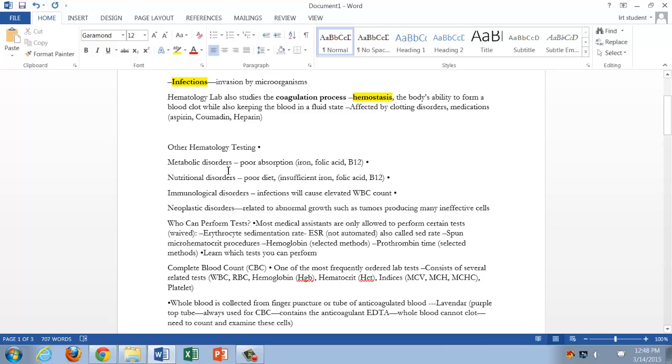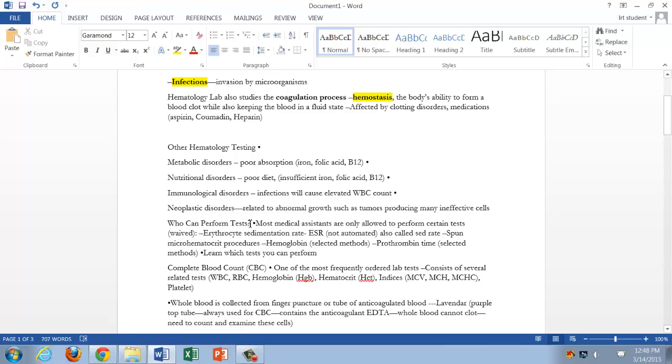Those will cause anemias. Okay, immunologic disorders, an infection will cause an elevated white blood count, and then a neoplastic disorder such as leukemia will cause a way, way high white blood count. So again, the hematology lab helps the physician to diagnose all of that.